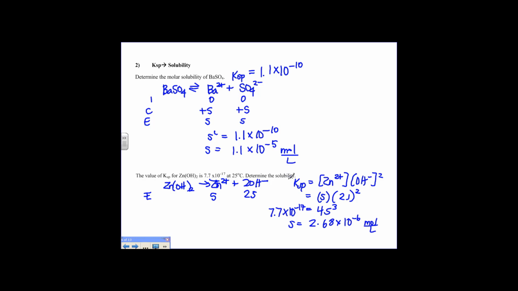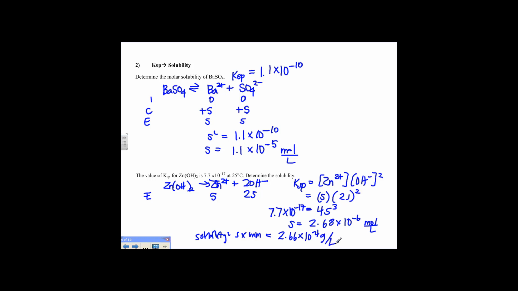And what you need to assume is that if you're just asked for solubility, it's asking you for the grams per liter. So if we want to find the solubility in grams per liter, we need to take the S and multiply by the molar mass of the zinc hydroxide, which in this case is 99.41. And we find that we get 2.66 times 10 to the negative 4 grams per liter.